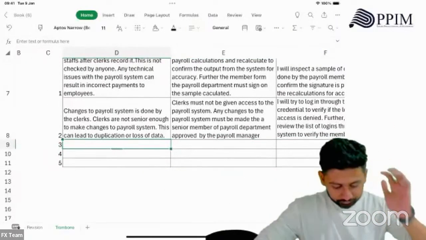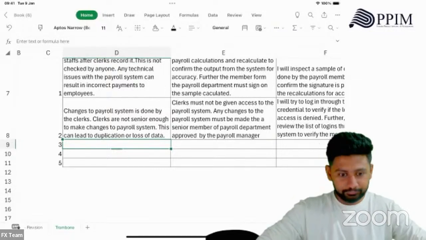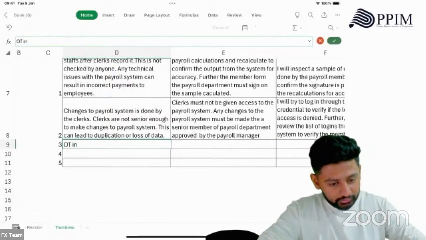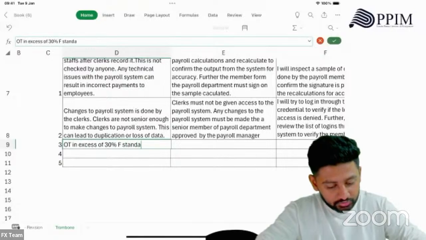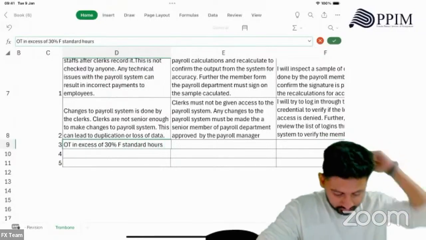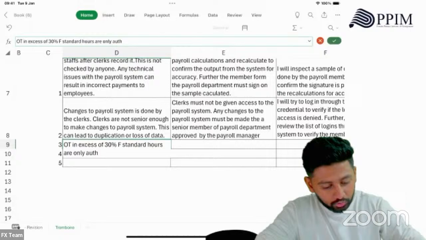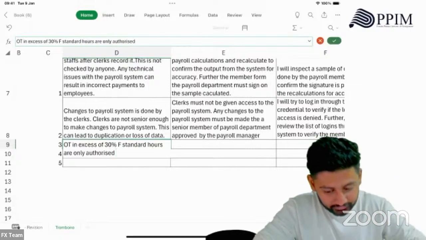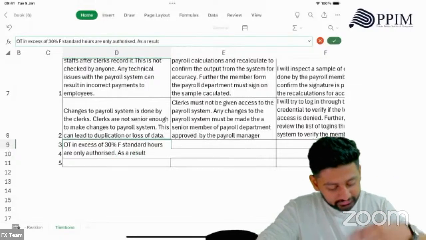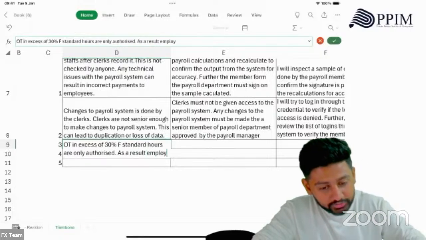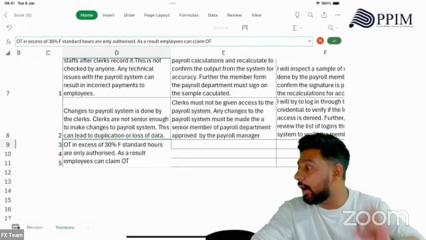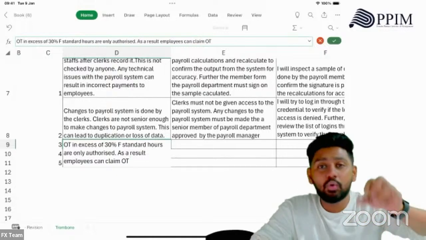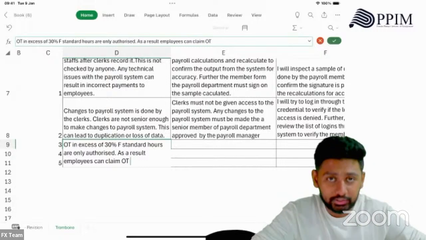So, OT in excess of 30% of standard hours is only authorized. What will happen as a result? Employees can claim OT up to 30% without actually working.